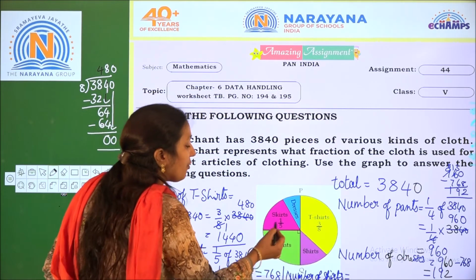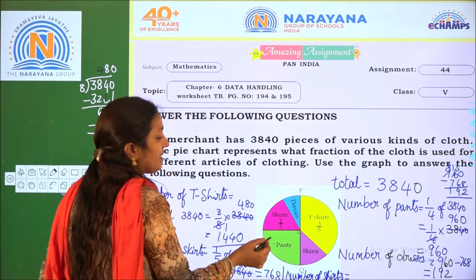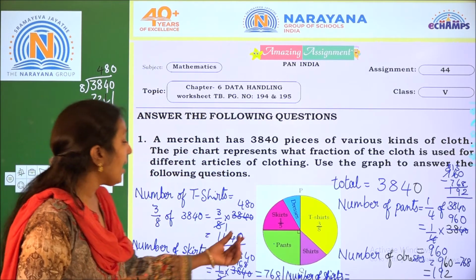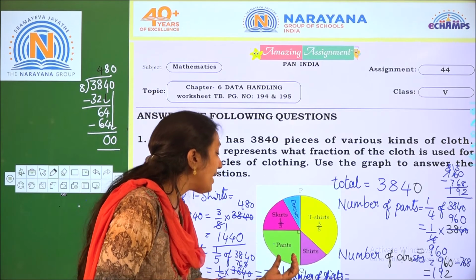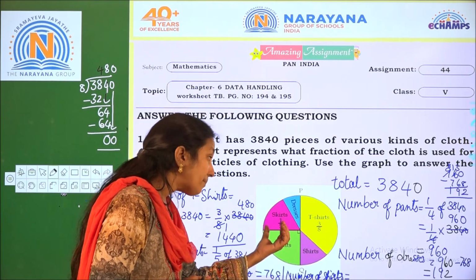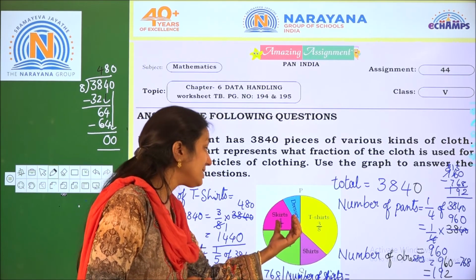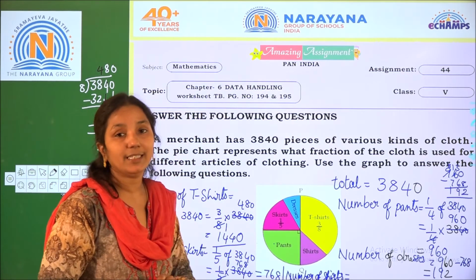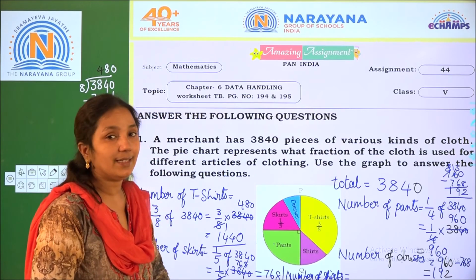So the 1/4 part is 960 and this part is also 960. We have to calculate the number of pants plus skirts plus dresses minus t-shirts, and we get the shirts.